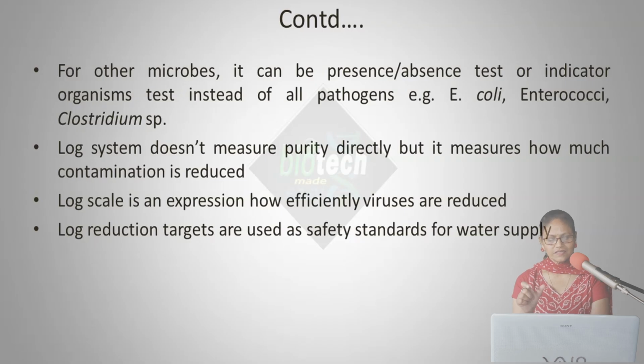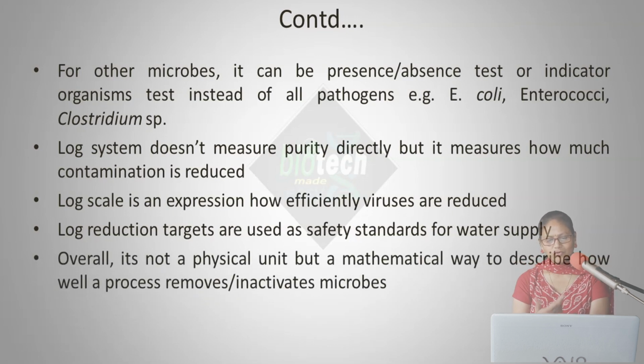And the log reduction targets are used as safety standards for water supply, because water supply is most of the time used for human beings. So that's why safety standards are very important here. Overall, it is not a physical unit, but it's a mathematical way to describe how well a process removes or inactivates the pathogens or microorganisms.